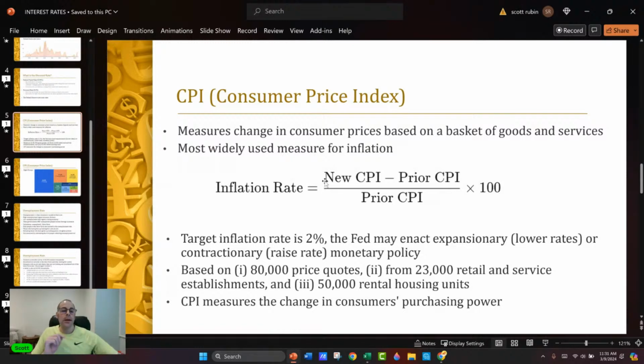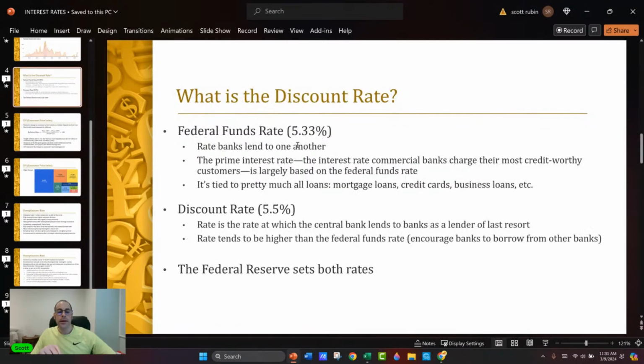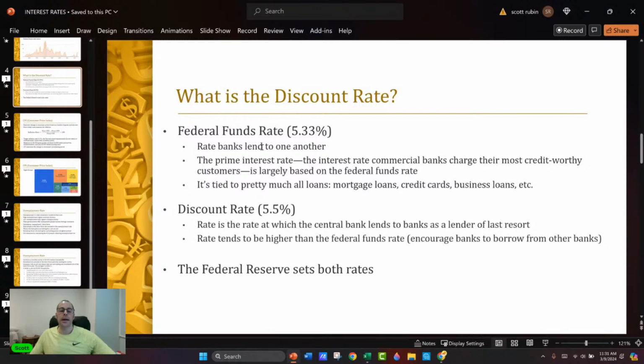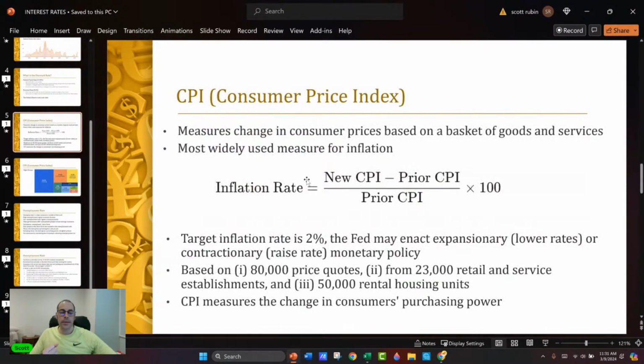The Fed uses the federal funds rate. They raise the federal funds rate to fight inflation. But the way they calculate inflation is based on the CPI. Because you could think of the Fed funds rate as a tool, just like you could think of a car as a tool to get somewhere.